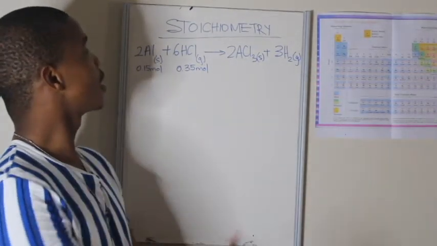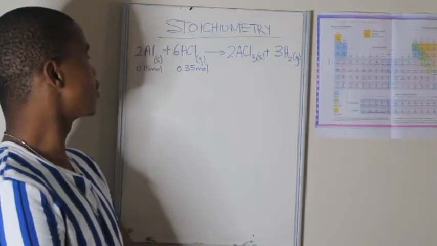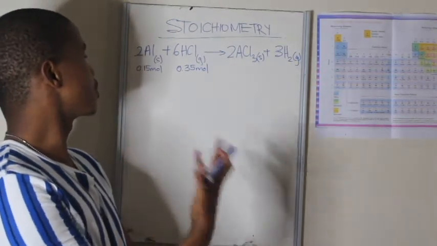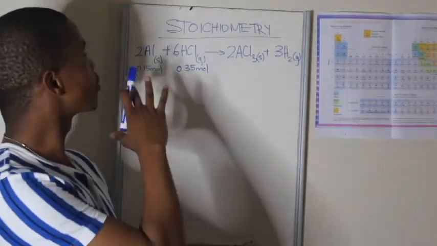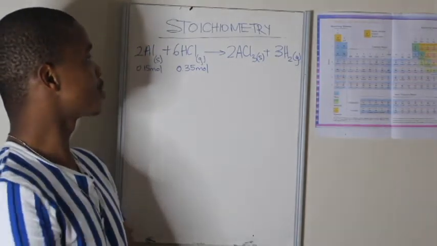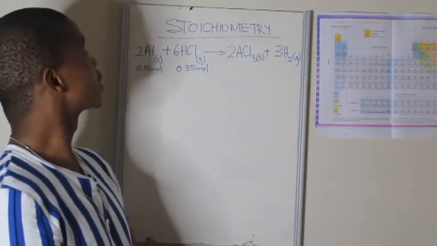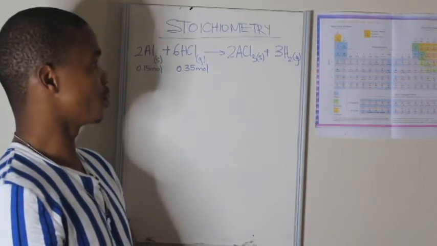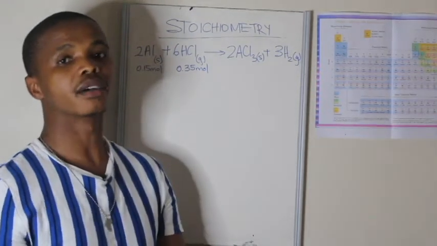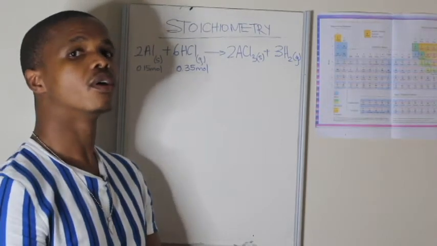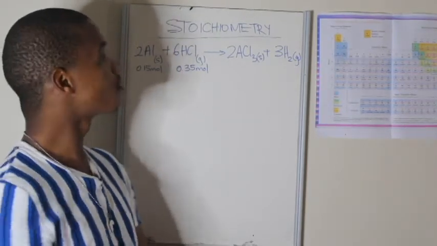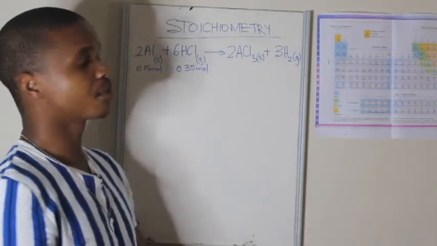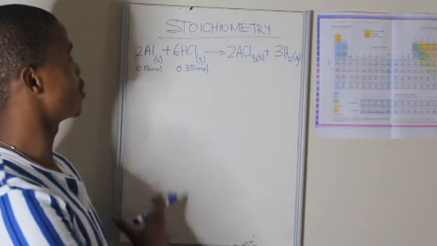So in this case, they would say you are given 0.15 mole of aluminium that reacts with 0.35 mole of hydrogen chloride gas. They would ask how many moles or what mass of aluminium chloride can be produced from here.